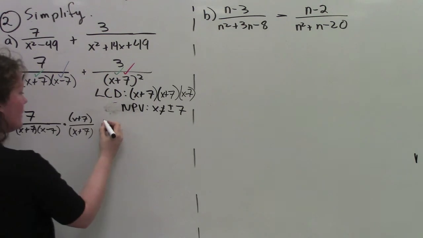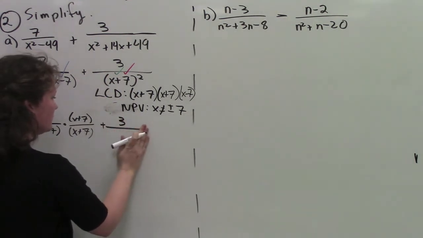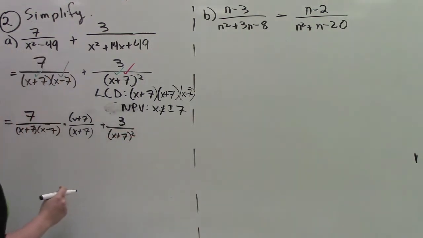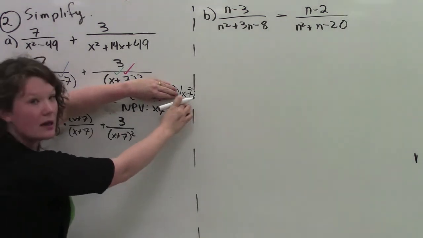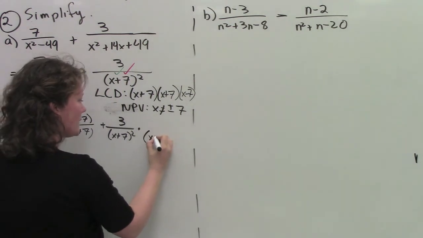And this one right here, we say plus 3 over x plus 7 squared. So I have an x plus 7 times an x plus 7, so what do I have left? X minus 7.